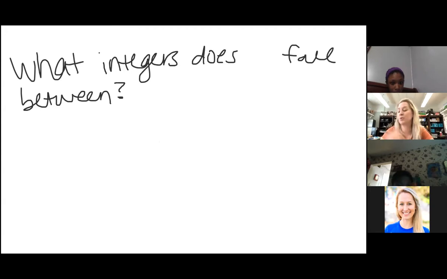So if pi falls between 3 and 4, what does 3 pi fall between? I'm going to give you a moment to think about that. What do you think is happening between 3 and pi when they're right next to each other? Multiplication's happening. That is saying 3 times pi, just like if it was 3x, that would be 3 times x. This is 3 times pi.